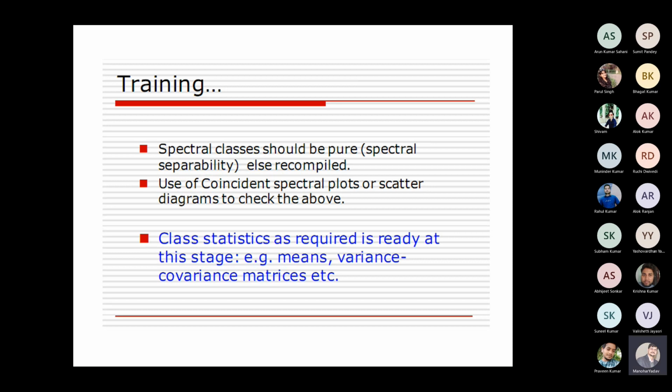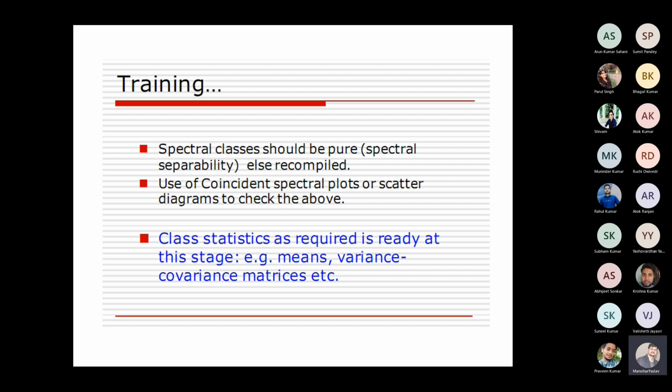Now while doing this training, you need to be very careful that spectral classes should be pure. If you are collecting vegetation, pure vegetation pixels need to be selected. When you are considering a training area for vegetation representation, it should have only vegetation.